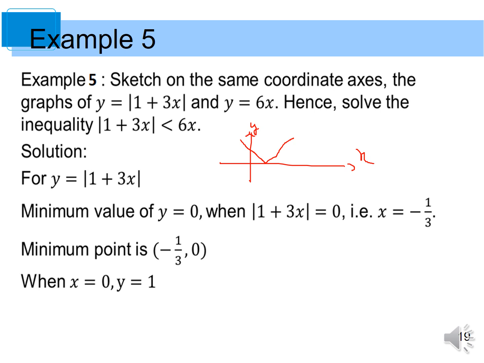When y equals 0, the x intersection will be here, the minimum point. So we just let 1 plus 3x equal to 0, because y equals 0, then we get x equal to negative 1 over 3. So it will be here. Let's say here is negative 1 over 3. So your line starts from this point and we form a V.